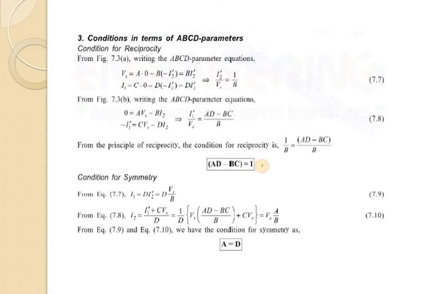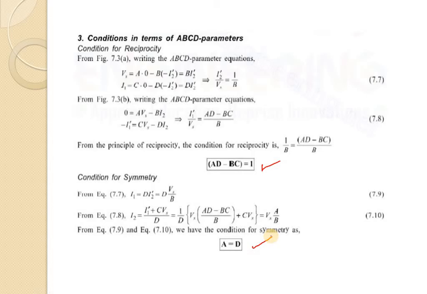That means we have again got two relations, one for reciprocity and another for symmetry. The reciprocity relation is AD minus BC equals 1, and the symmetry relation is A equals B. We got that from the ABCD parameters.